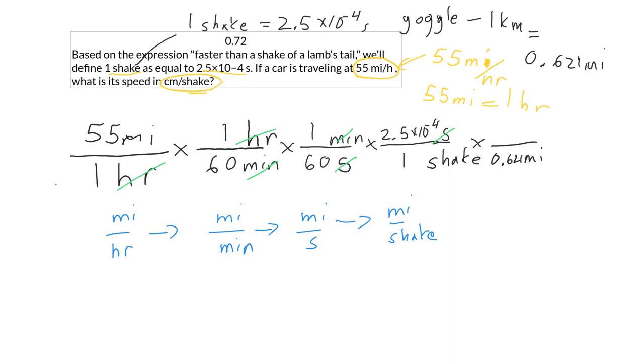So I'm canceling out my miles, even though they're that far apart. 0.621 miles is equivalent to 1 kilometer. I've now managed to move to metric. So I have kilometers per shake.